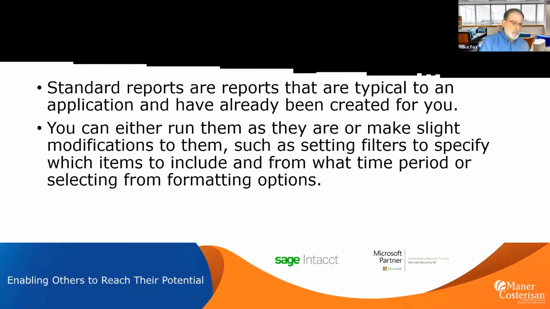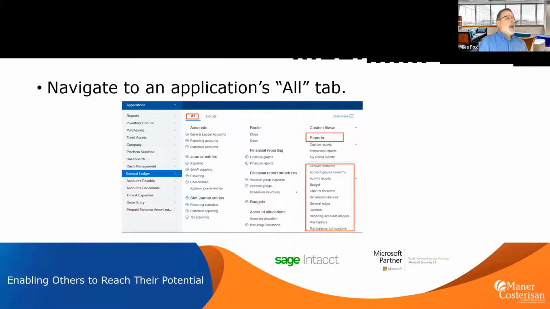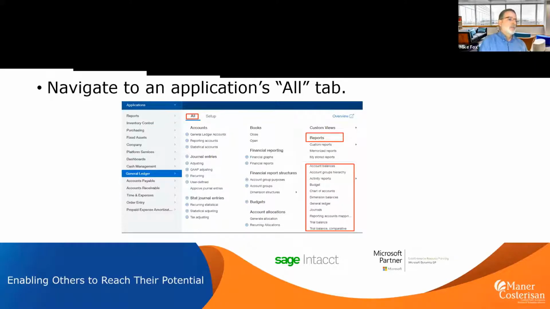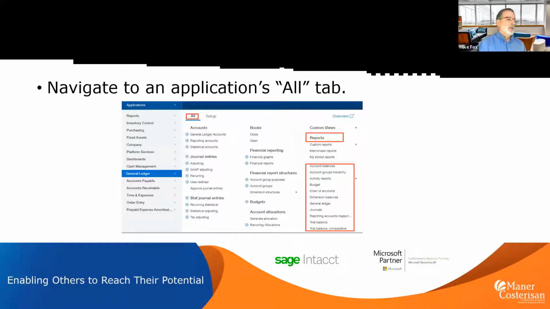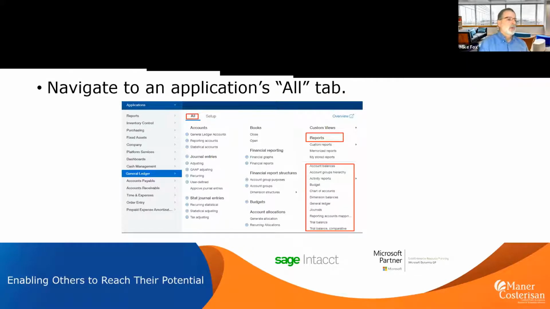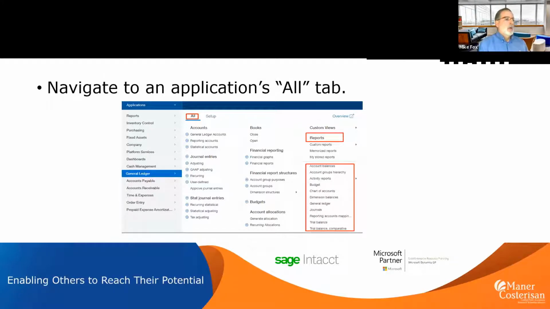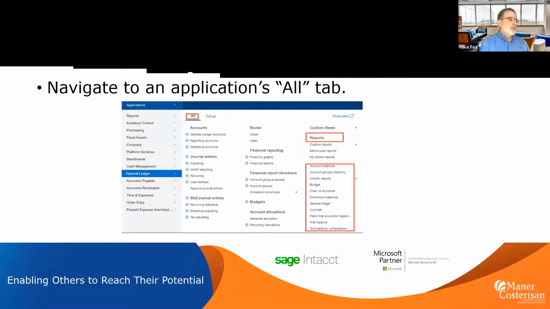So with that being said, how do you find a standard report? As I mentioned just a couple of minutes ago, most of you are already using some variations of these reports. Most typically in the general ledger, you're probably using the trial balance or maybe the general ledger report, but there are others in each one of these. You can navigate to them in two ways.